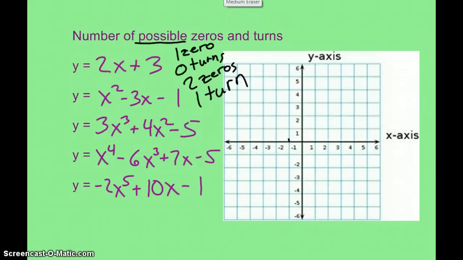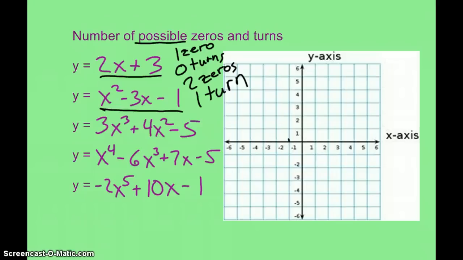However, we've seen quadratic functions, parabolas, that have no zeros. So when we're talking about the number of possible zeros and possible turns, it's not saying this is what's going to happen in the graph. It's saying this is what could happen for a linear function, and this is what could happen for a quadratic function.